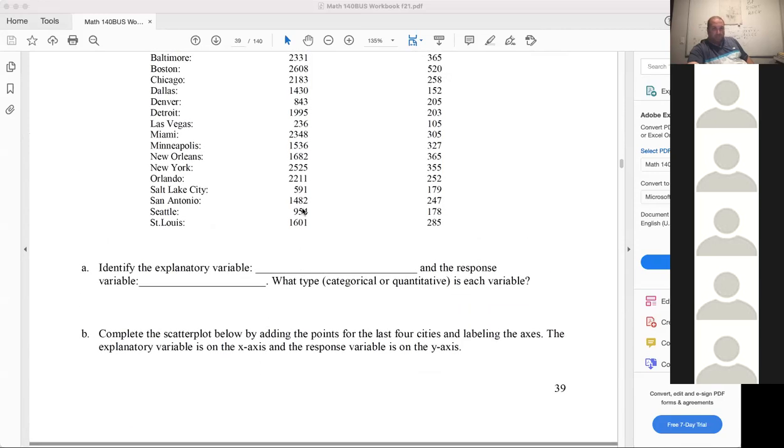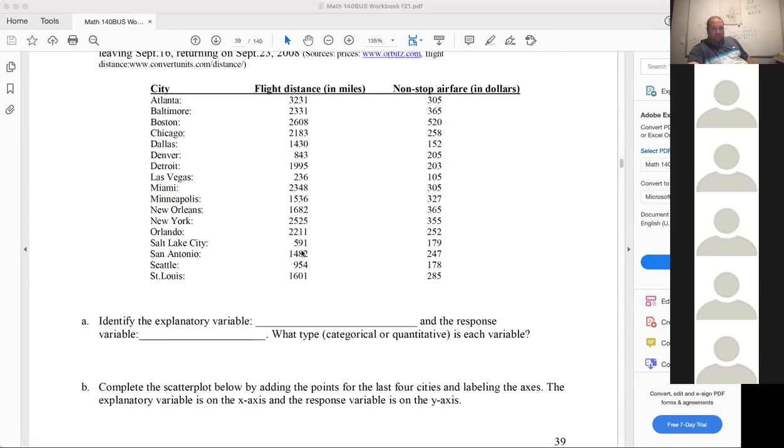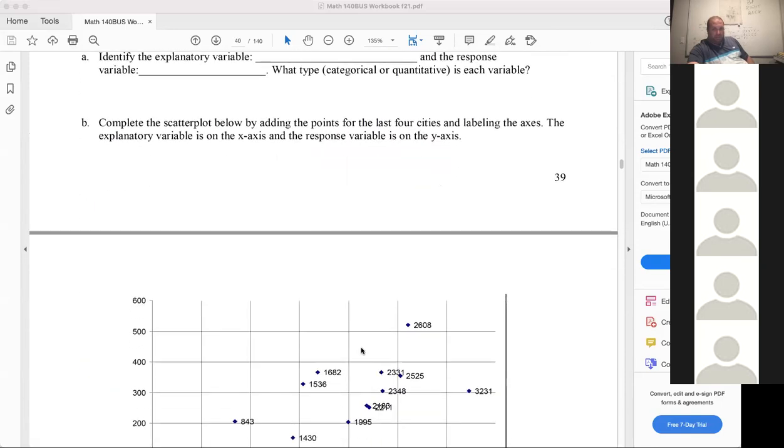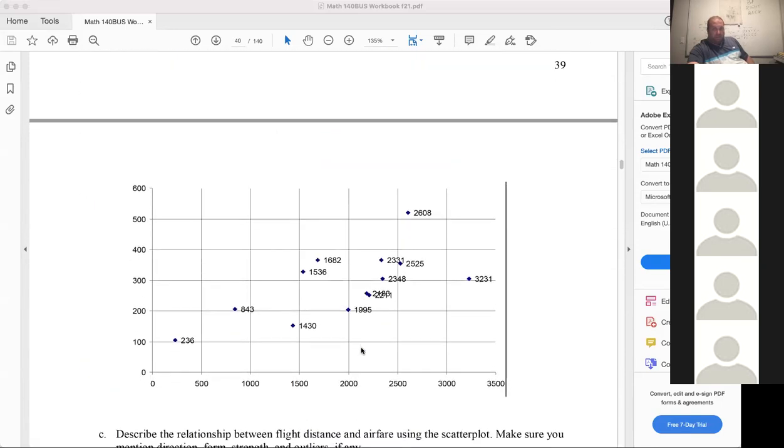Let's add the last 4. We have miles 591, airfare 179. That should be in between 236 and 843, so about there, give or take.